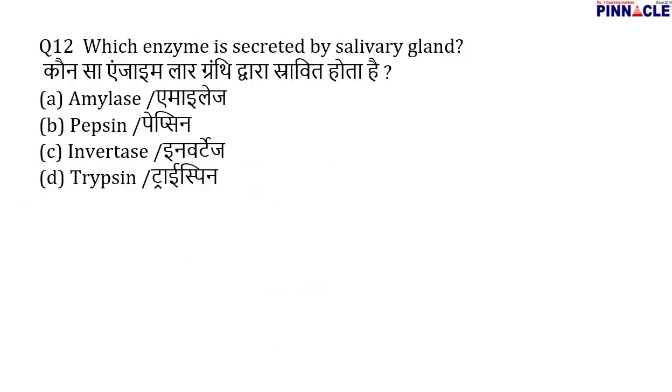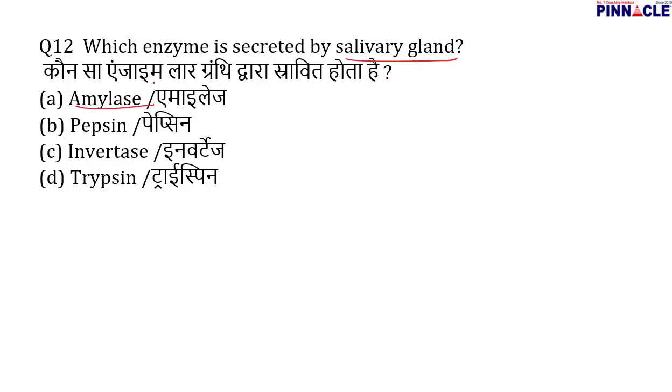Moving to question number 12, we have been asked which enzyme is secreted by the salivary gland. We have to name that particular enzyme, and the correct option is option A, that is amylase.